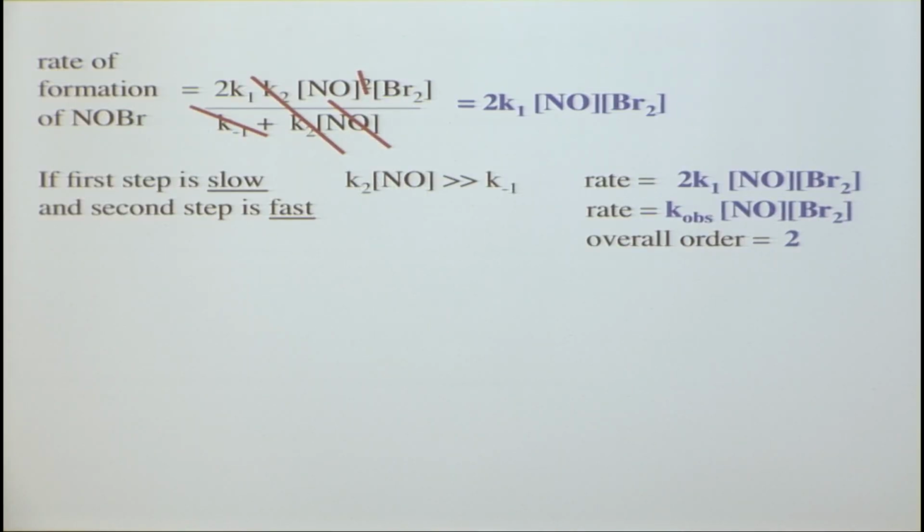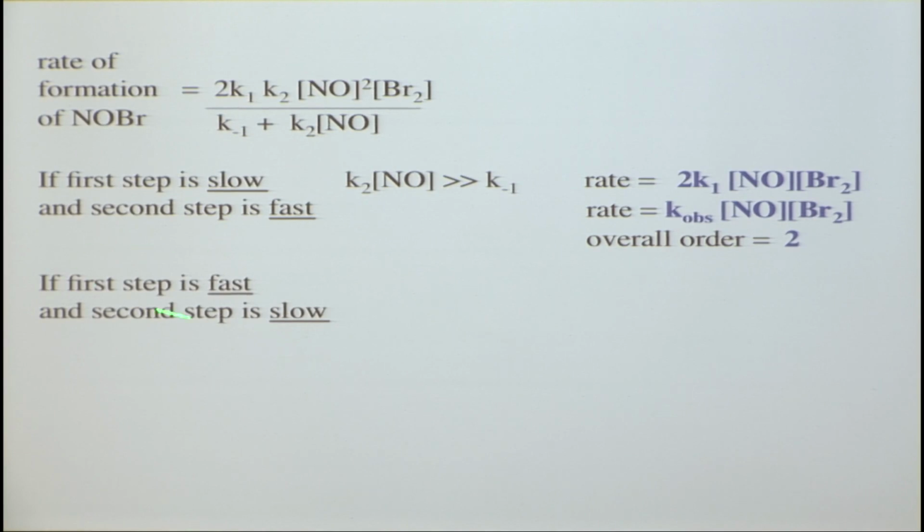Now let's consider if the first step is fast and the second step is slow. If the first step is fast, that means k minus 1, the rate constant for the reverse step, is going to be a lot bigger than k2 times NO. And so now we can look at this expression and say, if this is much bigger than this, then that cancels out.